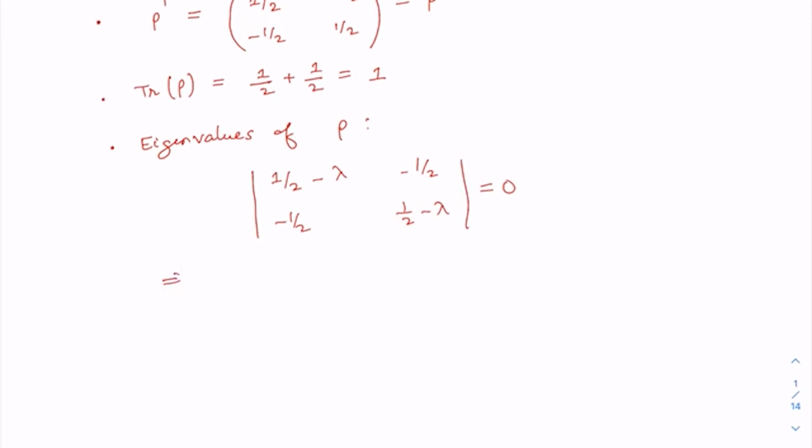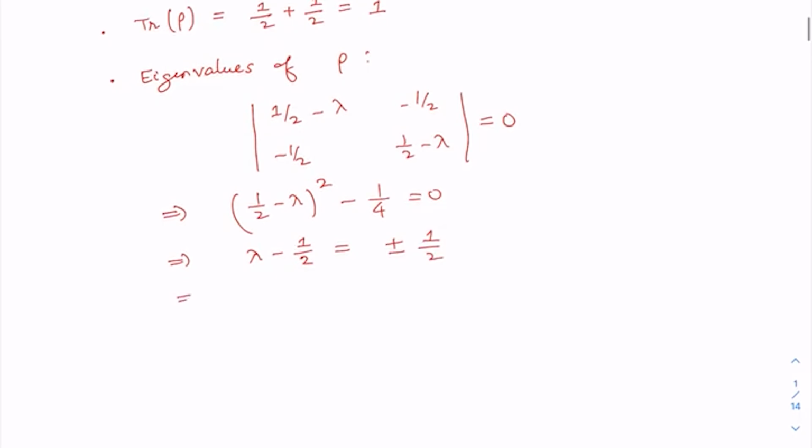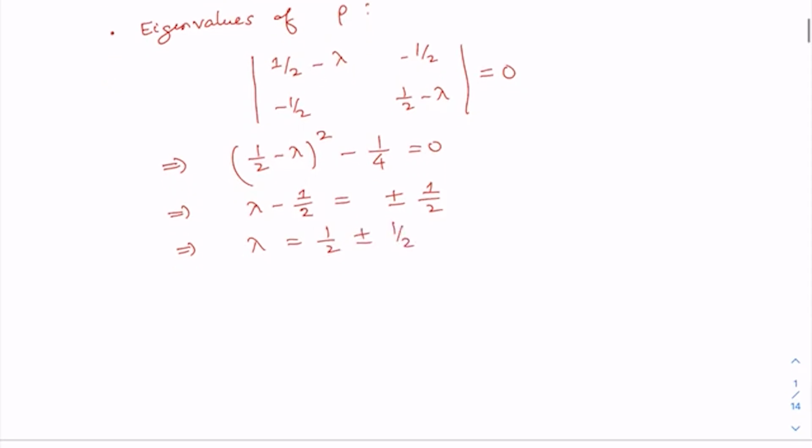If we solve it, we get (half minus lambda) whole square minus 1 by 4 is equal to 0, or lambda minus half is equal to plus minus half. So lambda is equal to half plus minus half. This yields eigenvalues lambda 1 equal to 0 and lambda 2 equal to 1. As you see, the eigenvalues are real.